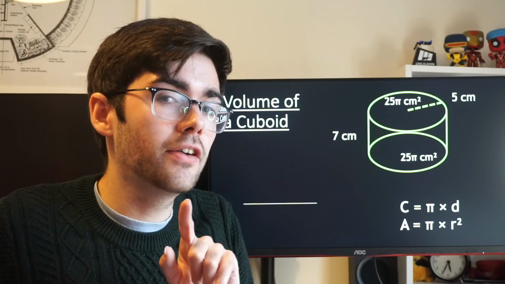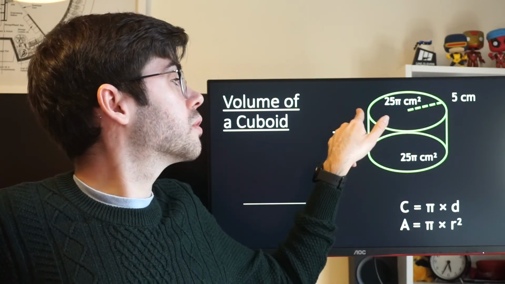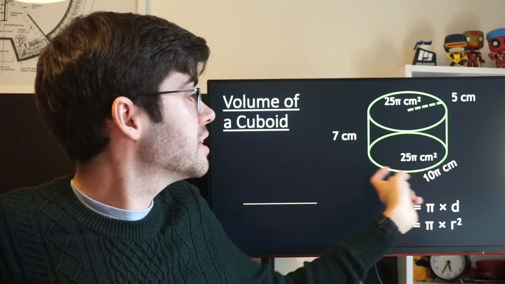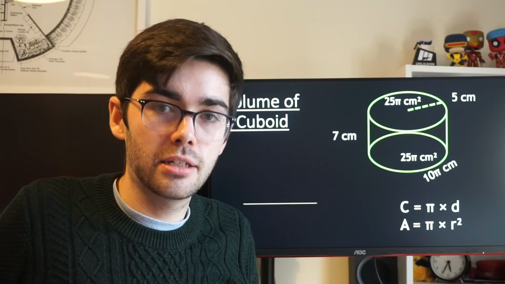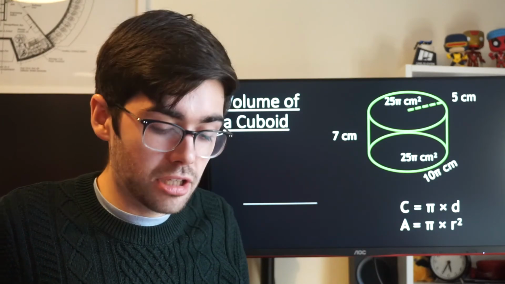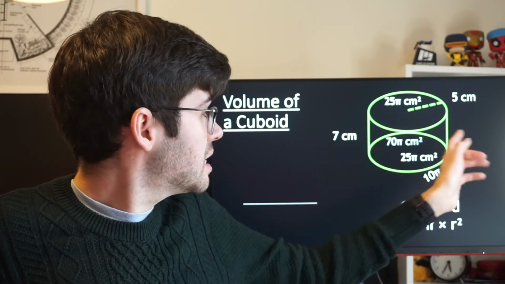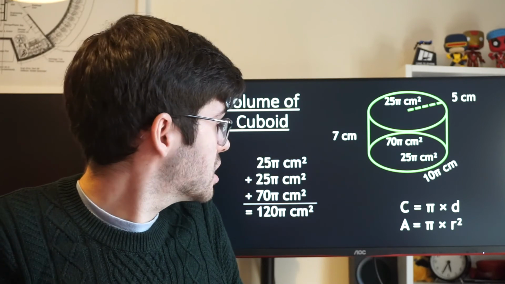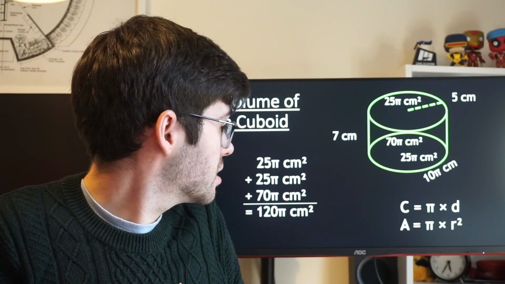If the radius is 5, the diameter all the way across would be 10. Pi times 10, so the circumference around this edge here, 10 pi centimeters. Okay, now we know the circumference and the height, we can just times them together, which would give us 70 pi centimeters squared. Again, we add them all together, that is the overall surface area of this cylinder.